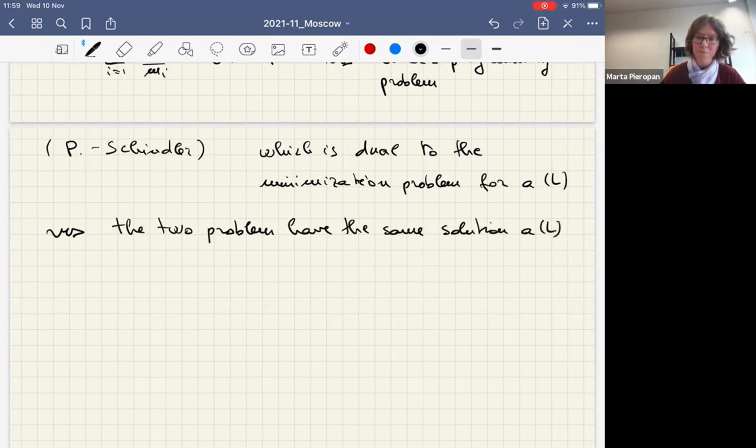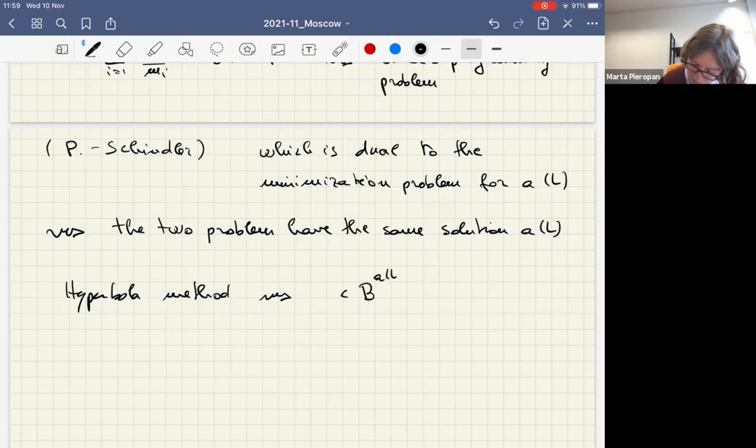a(L). So the hyperbola method heuristic tells me that what the hyperbola method predicts for an asymptotic formula just by counting is that indeed the main term has a shape some constant times B to the a(L), which is what was also in the conjecture. And then we may have some other factor log B to some power.